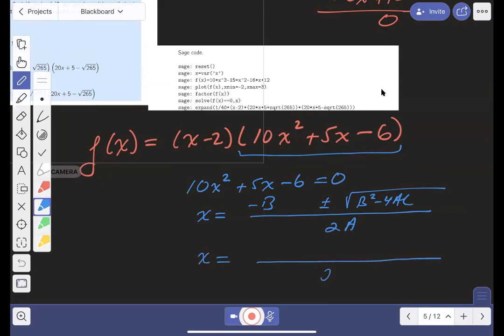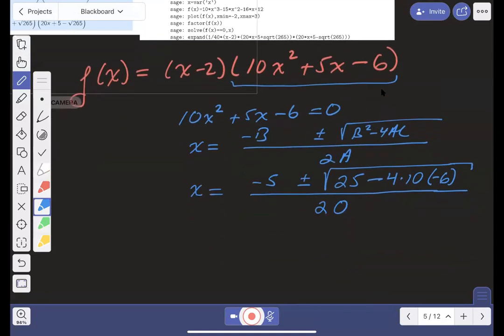That's 20, isn't it? What's the opposite of b? Minus 5. What's b squared? 25. Minus 4. What's a? 10. And what's c? Minus 6.